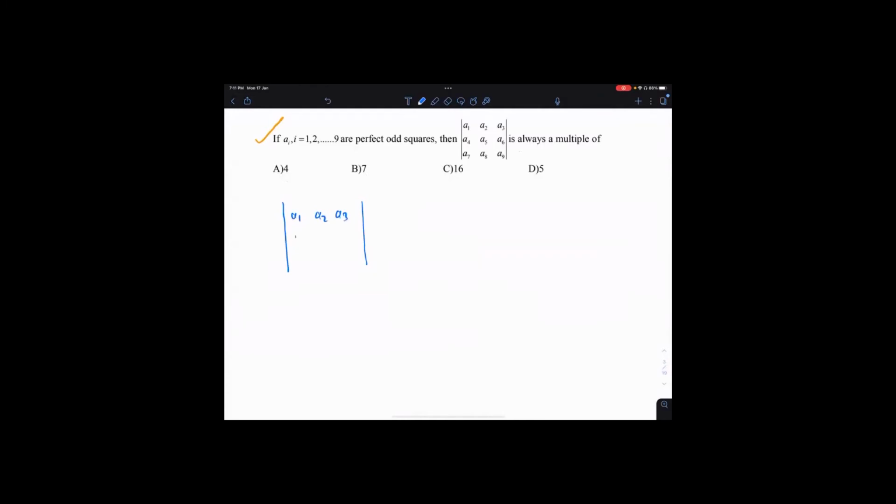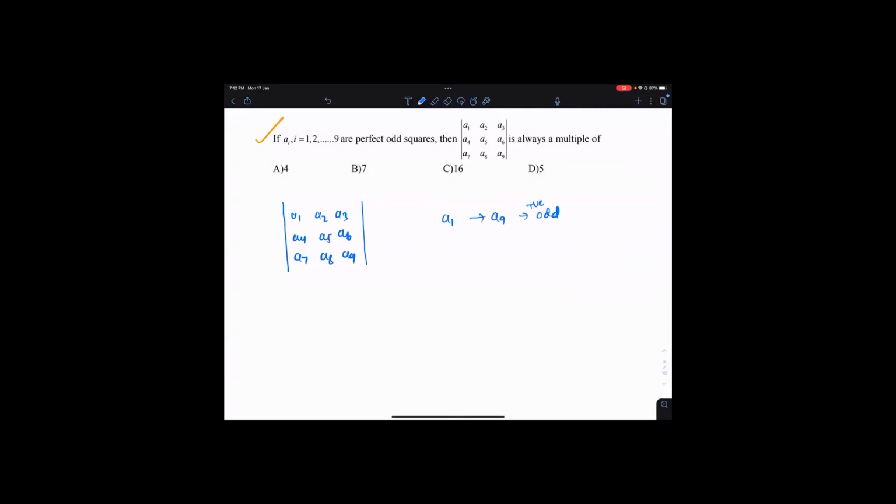Same way, A4, A5, A6. Okay. Now what I am saying is, every number, that means A1 to A9, is an odd number. Positive odd number to be precise. Every digit, this is odd.